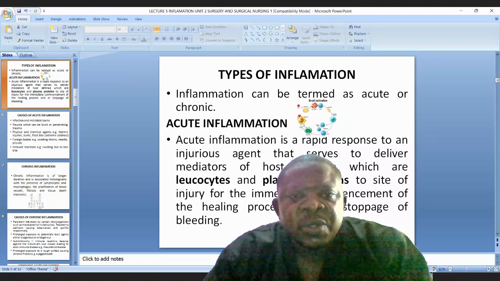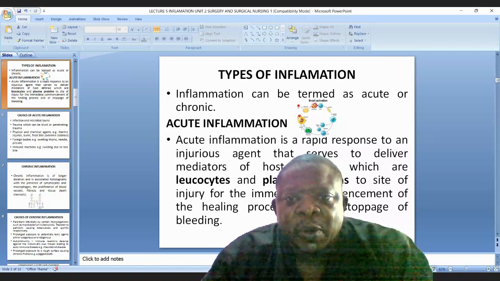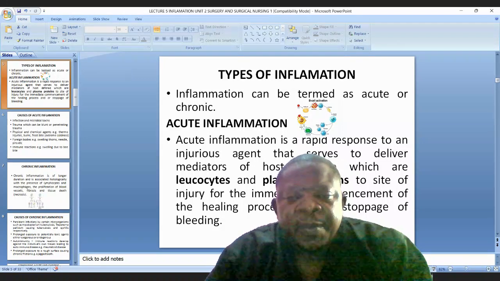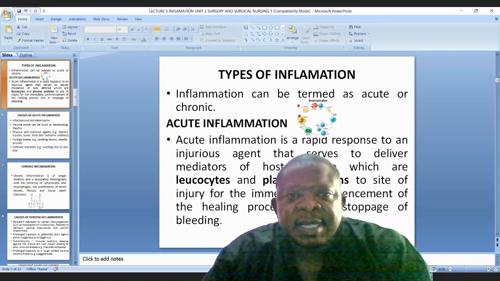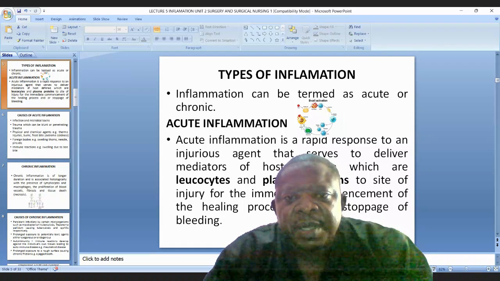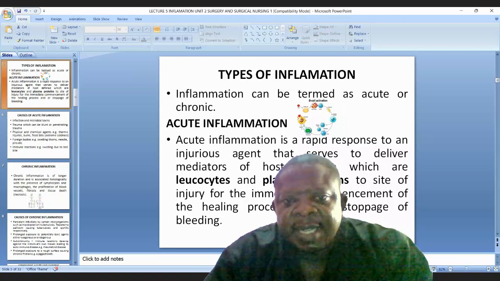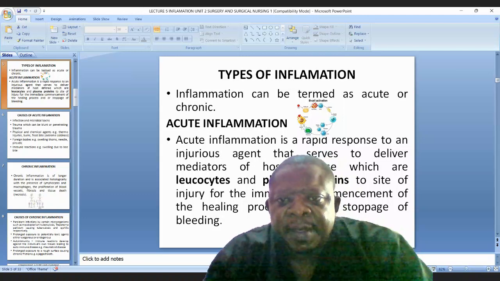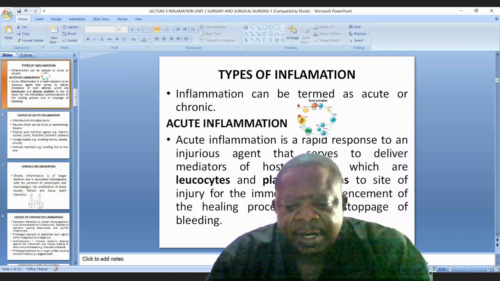So, acute inflammation is about the immediate response of the body to a noxious stimulus. Okay, so acute inflammation is the immediate commencement of healing process because of exposure to noxious substance. This is in the process of stopping the effects that the noxious substance may cause.